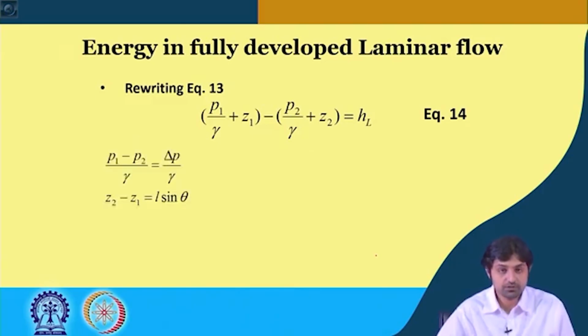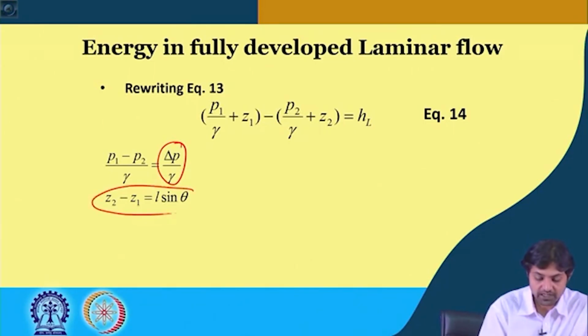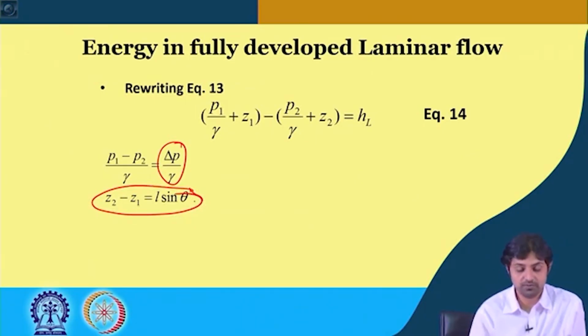So, what we are going to get is P1 minus P2 by gamma, which becomes delta P by gamma. Z2 minus Z1 we can always write as L sin theta, if the slope of the bed is theta.